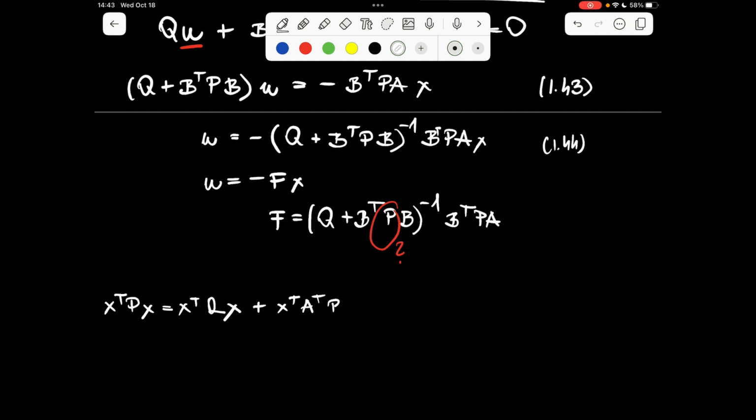So what we are doing is to rewrite the Bellman-equation on the basis of the optimum policy.